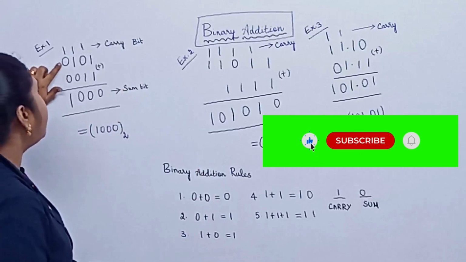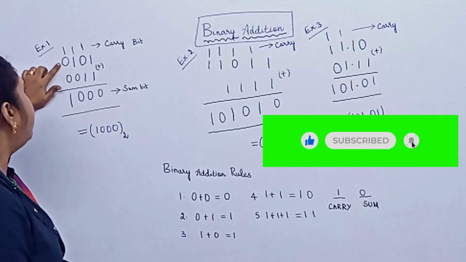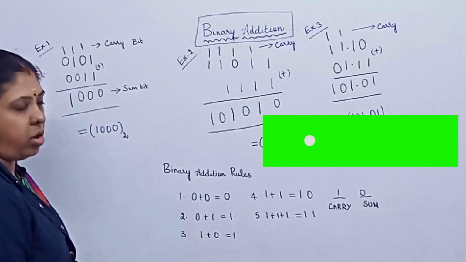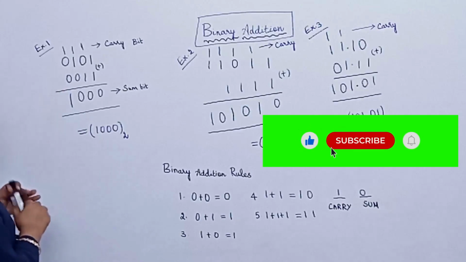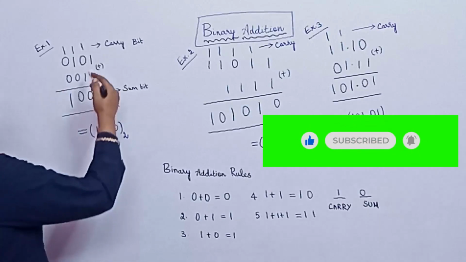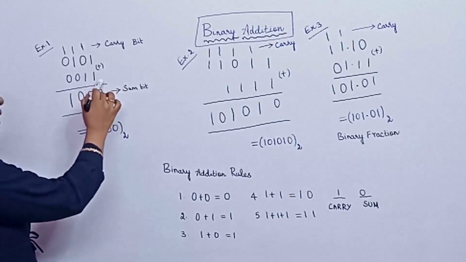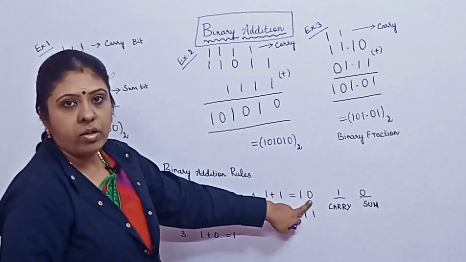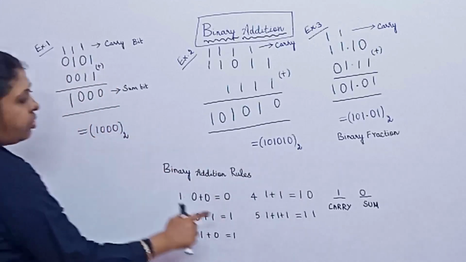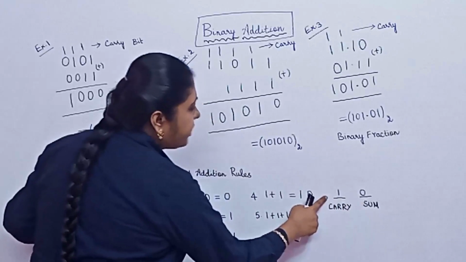Here consider the number 0 1 0 1 plus 0 0 1 1. Here 1 plus 1, which is 2, can be represented as 1 0. So 0 as the sum bit and 1 as the carry bit.